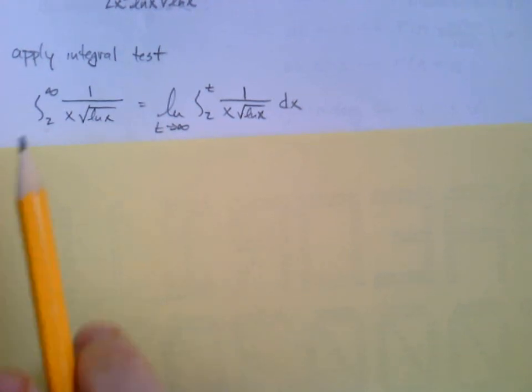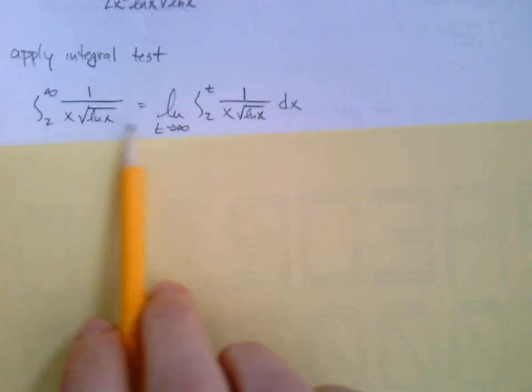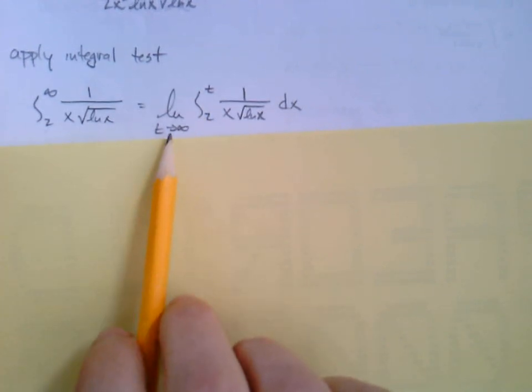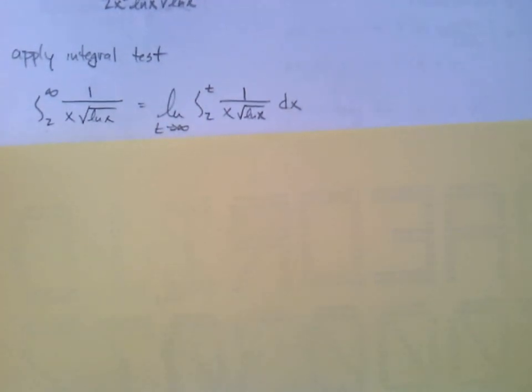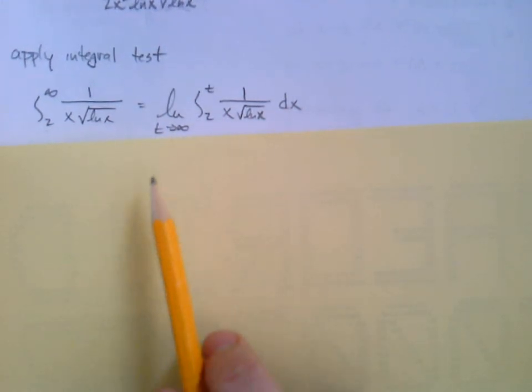Our task now is simply, can we find that antiderivative? And we notice it's an improper integral, so we'll need to take this limit as t goes to infinity. If we can do that, we've got the answer to the series. All right, so first thing I do, switch it over in the improper integral style, t to infinity.